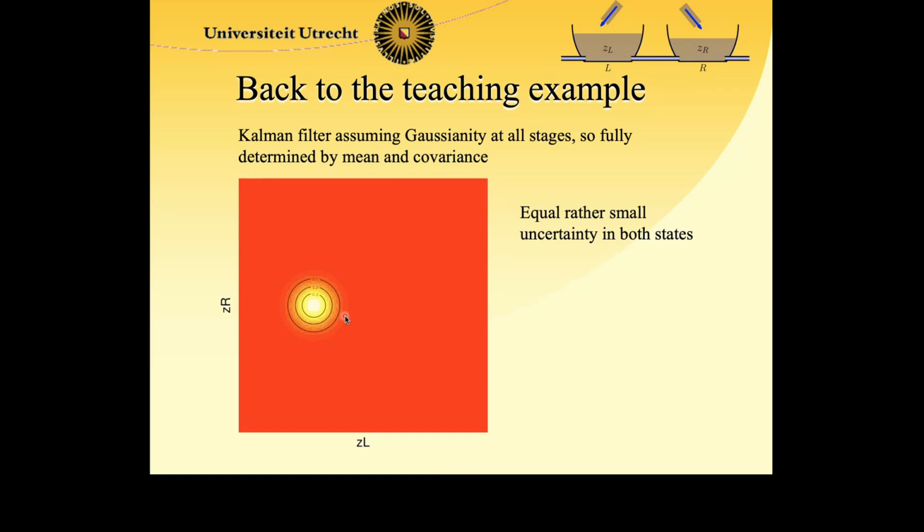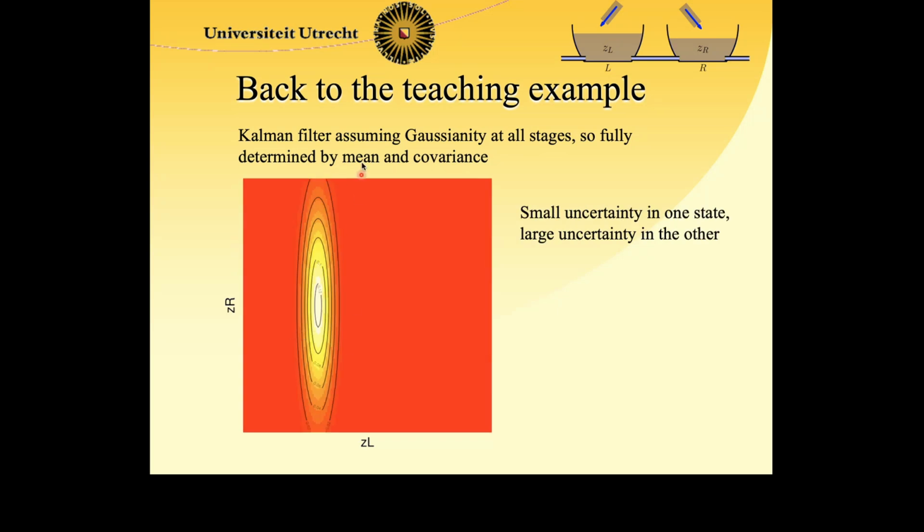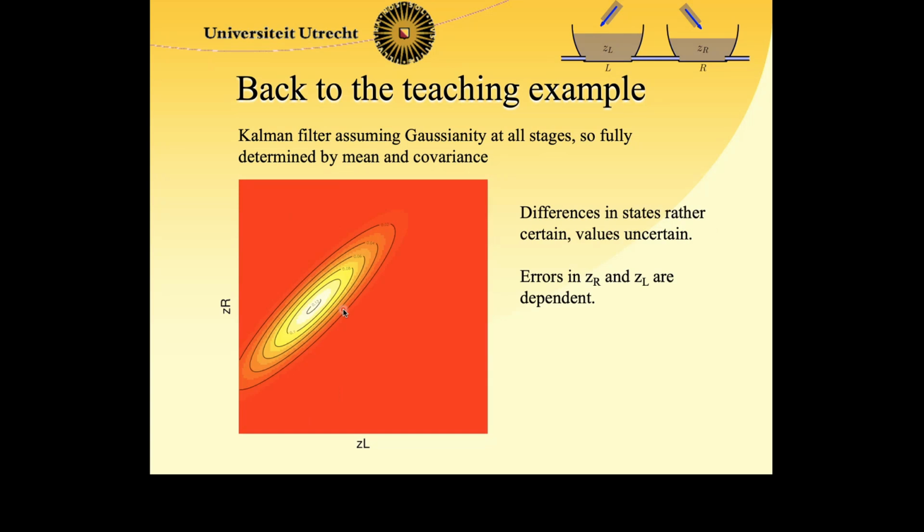In this case, just to give you some examples, this is a case where we know the states, it's the same value, same optimal prediction, but the uncertainty is much smaller. In this case, the uncertainty in the right volume is much larger than in the left volume, for instance. And in this case, the errors in ZR and ZL are quite similar, but they are also correlated, as you can see.